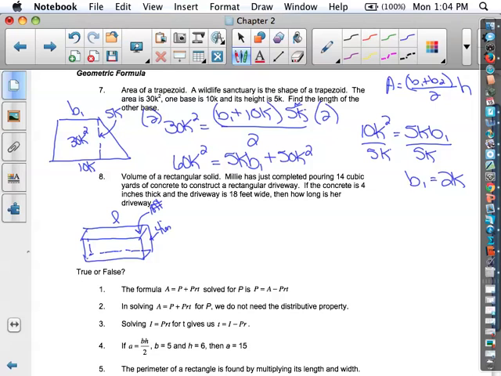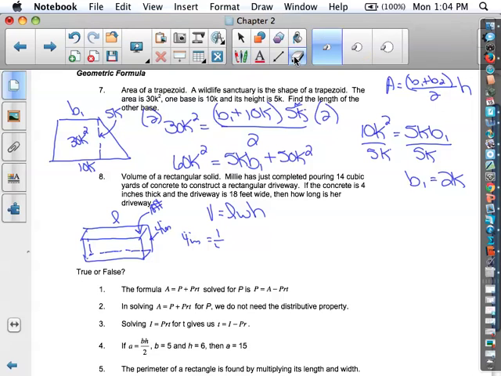So what I would do is think about converting that to either feet or inches, because we know the volume is equal to length times width times height. So 4 inches is equal to 1/3 of a foot, right? 1/3.